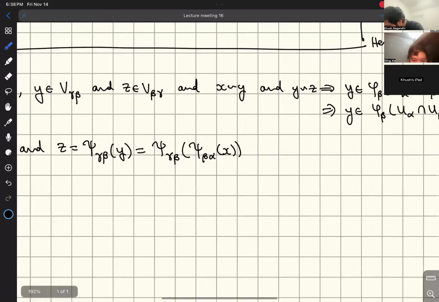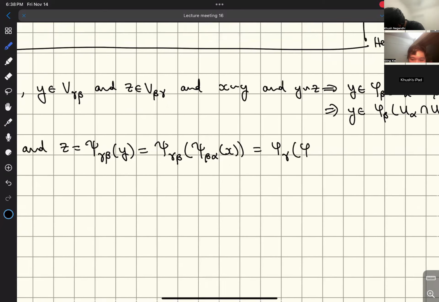Now expanding out this definition, you see that this is phi gamma composed with phi beta inverse of phi beta of phi alpha of x.